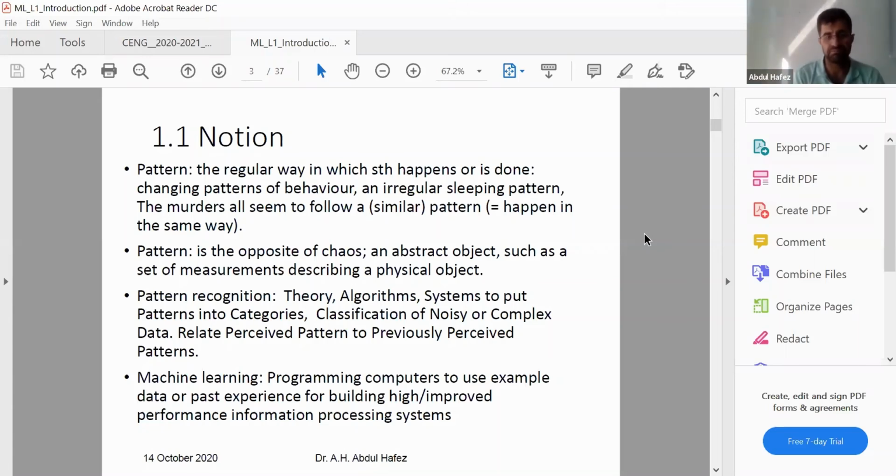Now I want to come to a conclusion about what pattern recognition is and what machine learning is. Pattern recognition is an action, an engineering problem. It is like classification. I have a decision. This is my face.